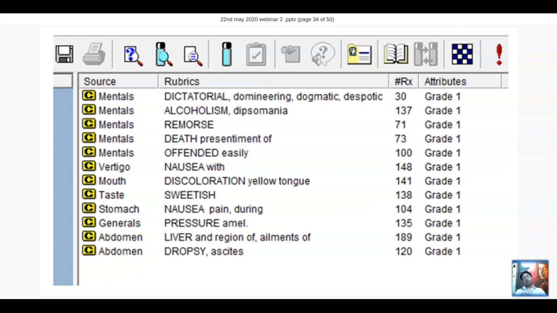We know that at this point of time he is in a condition of remorse. We know he is having a death presentiment. He is offended very easily. He is having vertigo with nausea, discoloration, yellow tongue, sweetish taste. Then he is having pain, that colic which is ameliorated by lying on the abdomen, and we took liver ailments, dropsy and ascites.